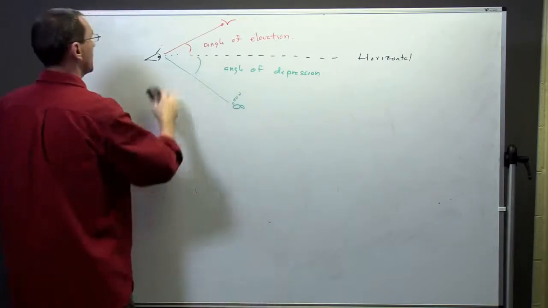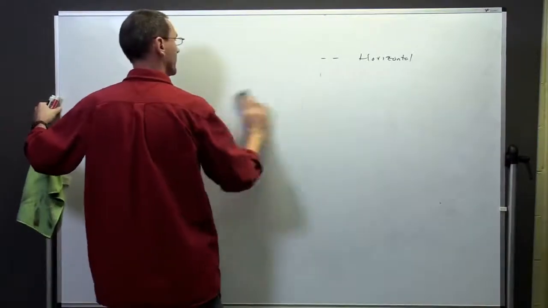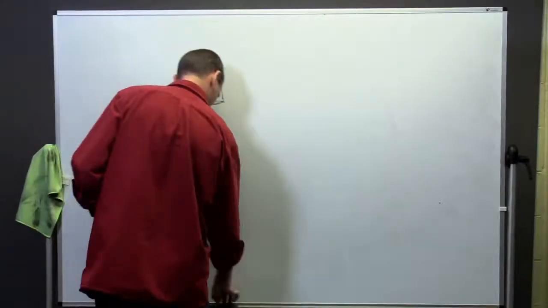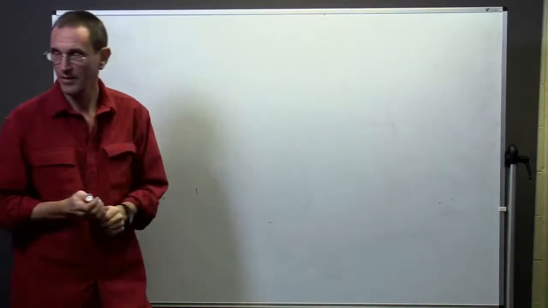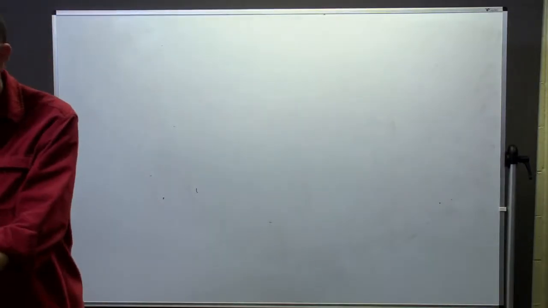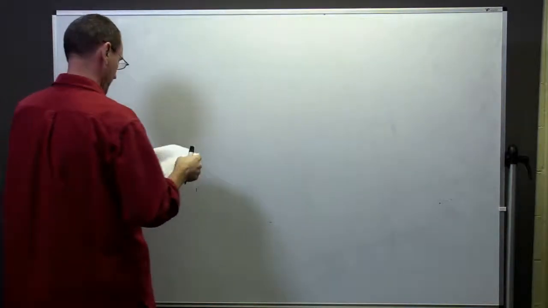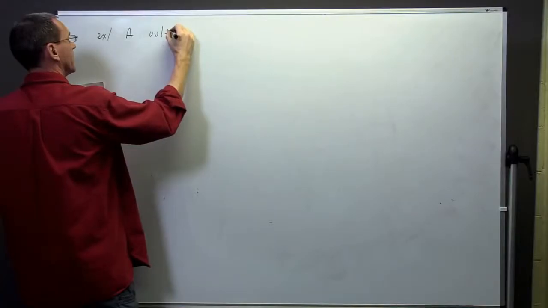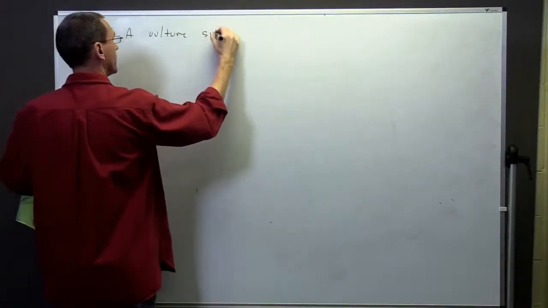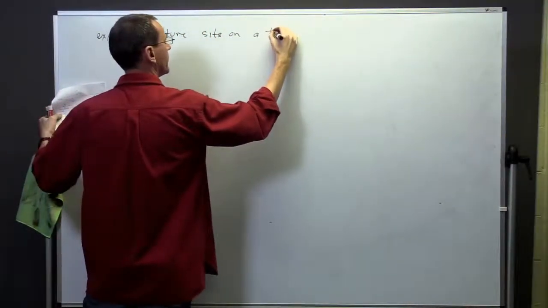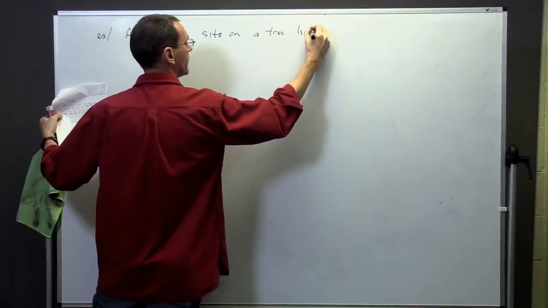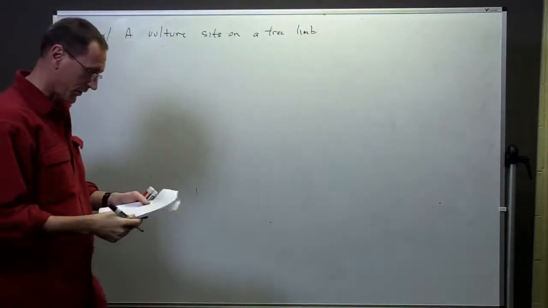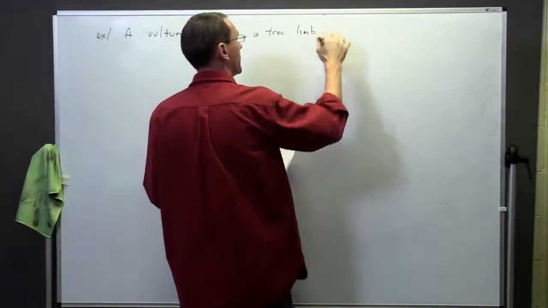So now let's look at an example. Be careful here. Some vultures sitting on a tree limb.